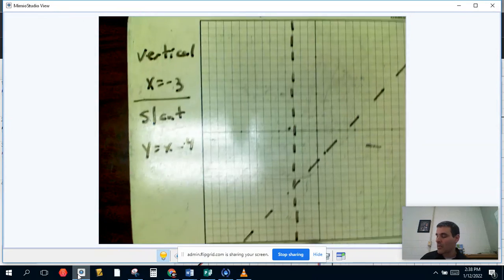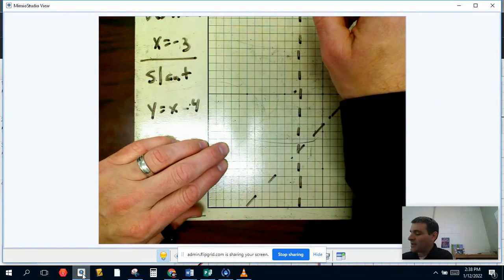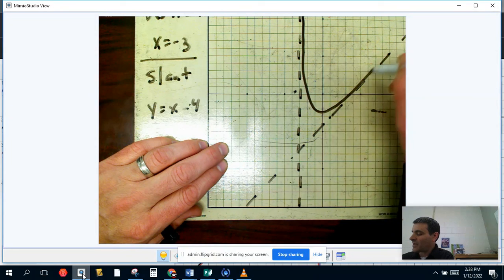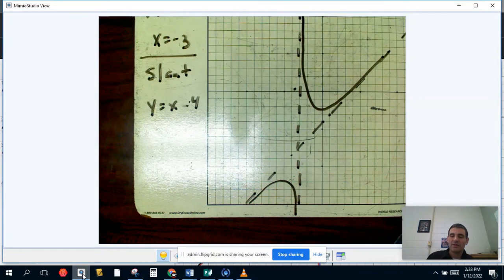Okay. And you can see again the graph on here comes in real close and it bends back like that. Does the same thing down here. Okay. So that's slant asymptotes.